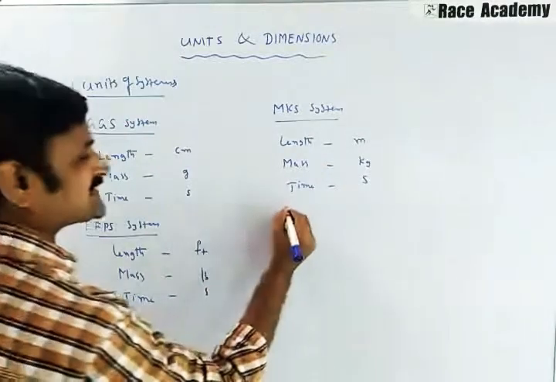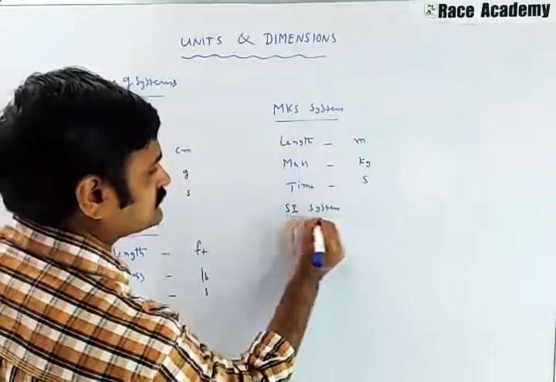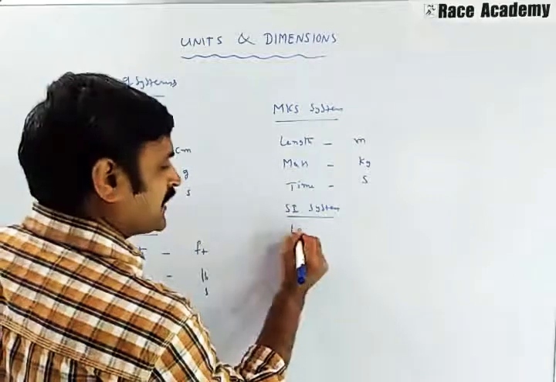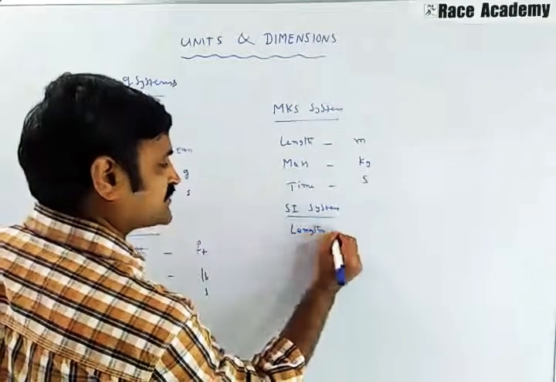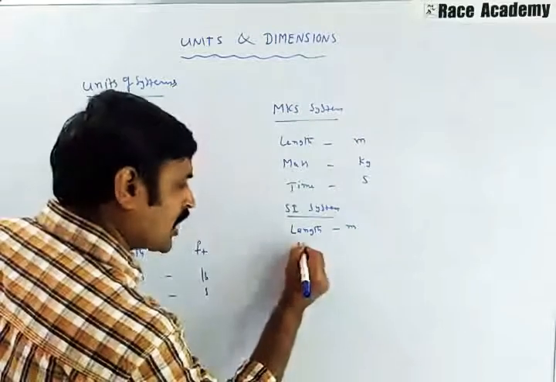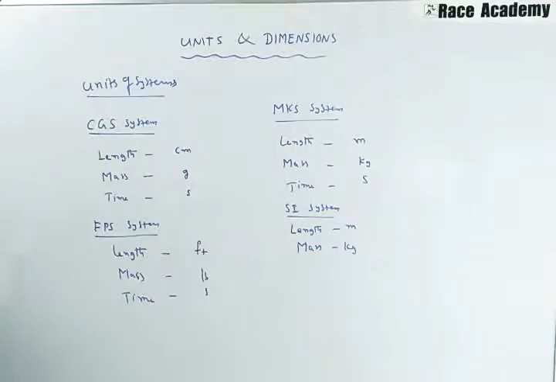Moving on to the SI system. In the SI system, length will be in meters and mass will be in kilograms.